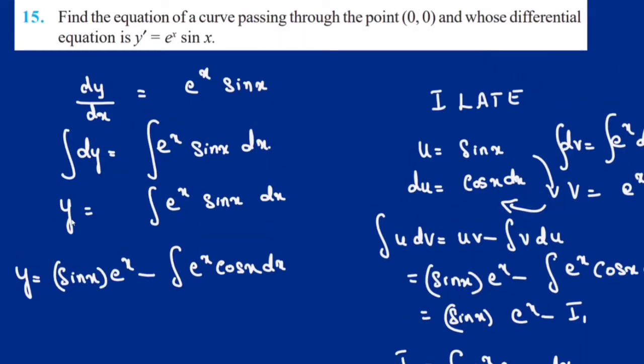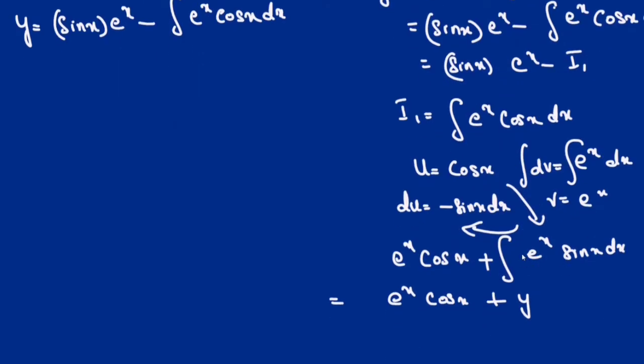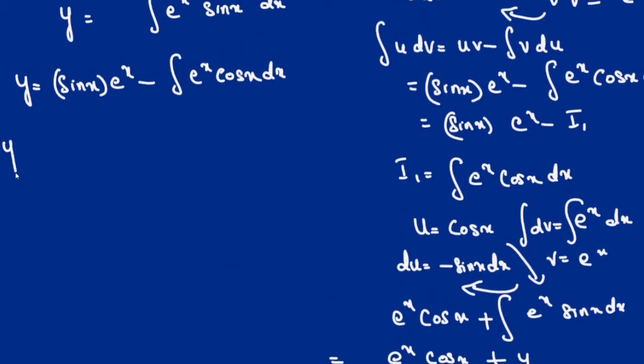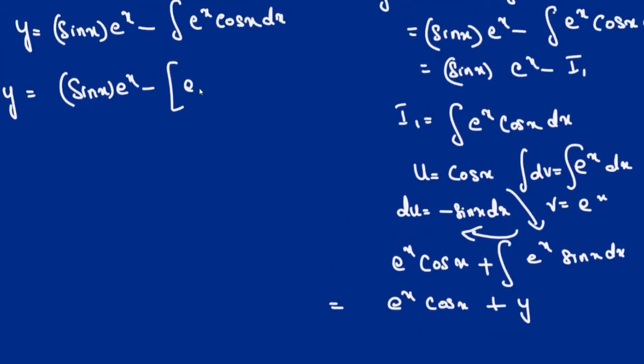So y is equal to the integral of e power x sin x dx. We got the same thing here, the integral of e power x sin x dx, so we can take it as y. So now y is equal to sin x e power x minus, the integral of e power x cos x we got as e power x cos x plus y.